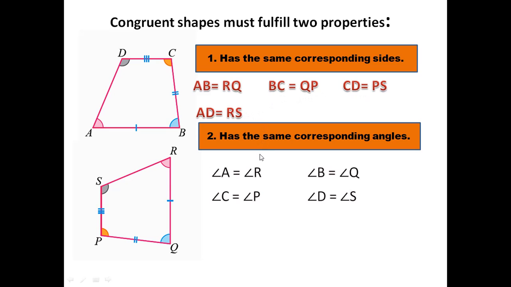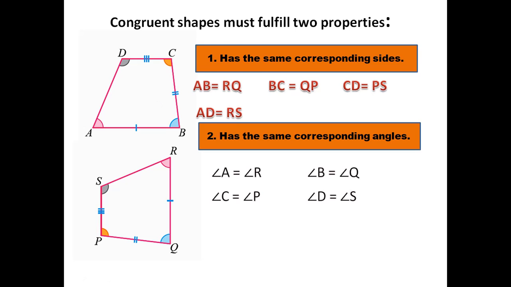Now we check the corresponding angles. Angle A is the same as angle R, angle B same as angle Q, angle C same as angle P, angle D same as angle S. Because they fulfill these two properties, these are congruent shapes.